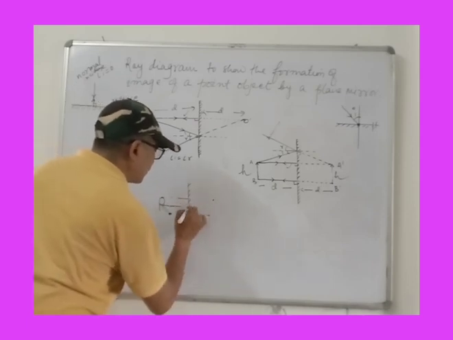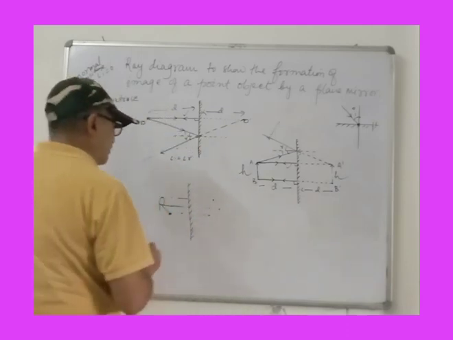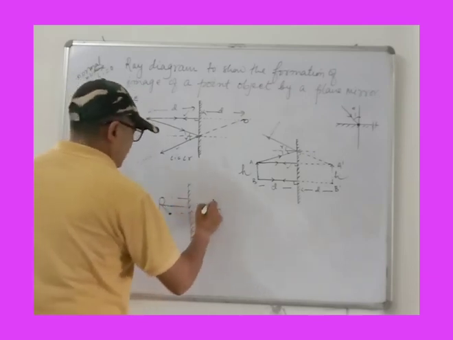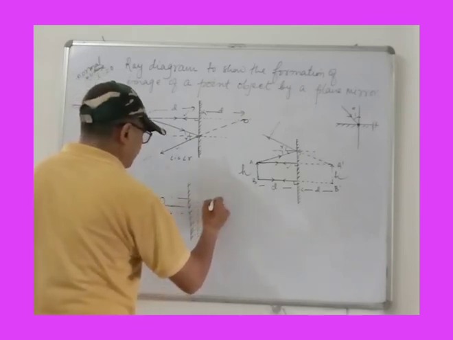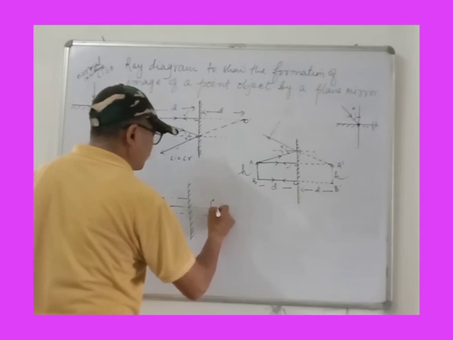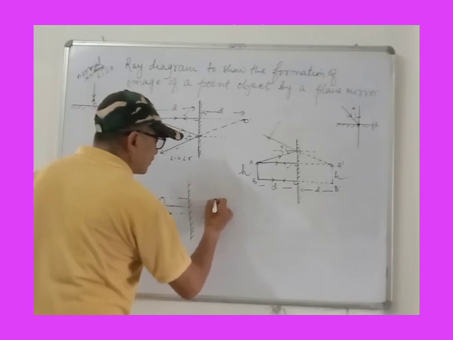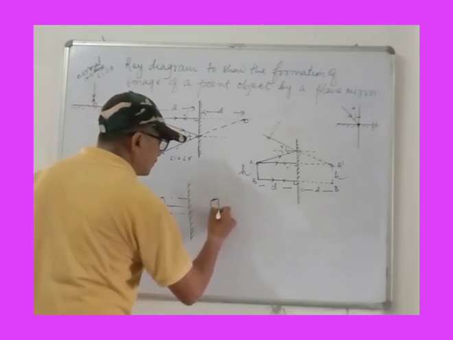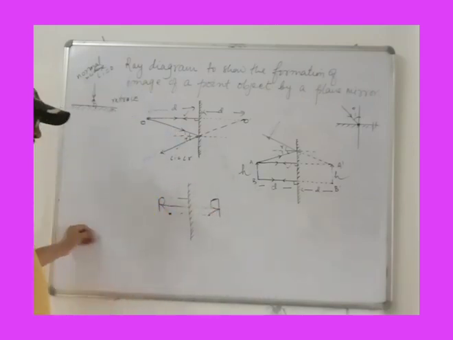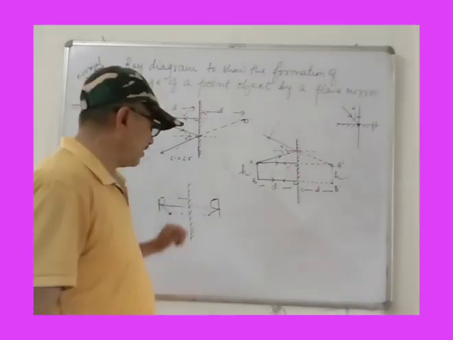And the image of this line will be here. That means left appears right, right appears left.